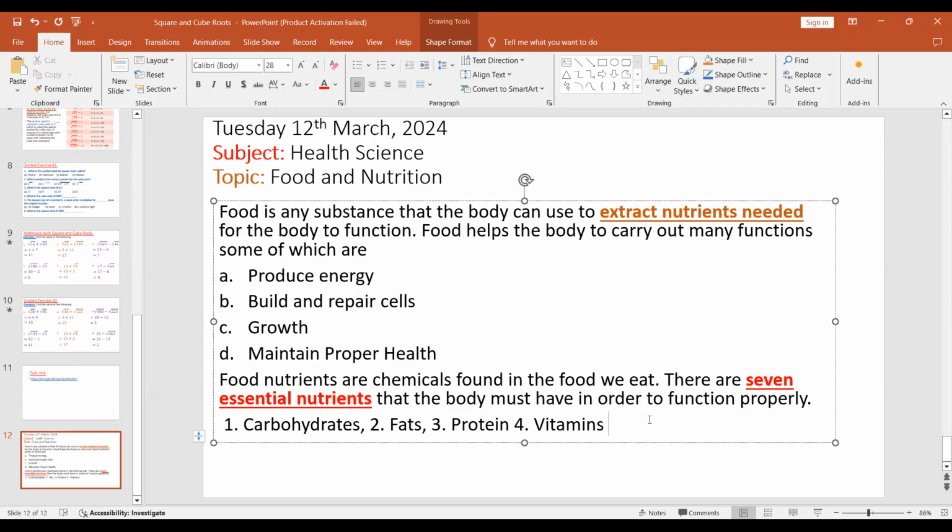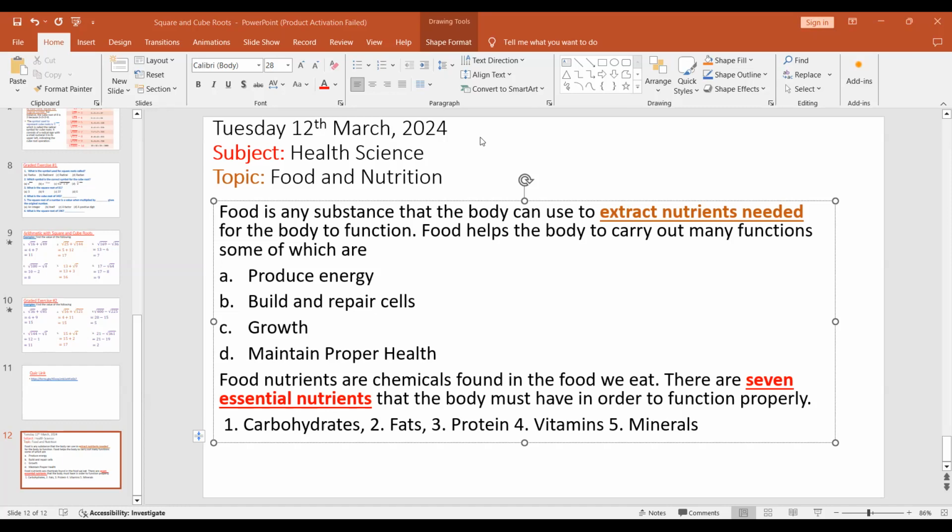All right, and number 5 is going to be minerals. Minerals like calcium and phosphorus. What do those two minerals help with? Bones and teeth. Building bones and red blood cells.